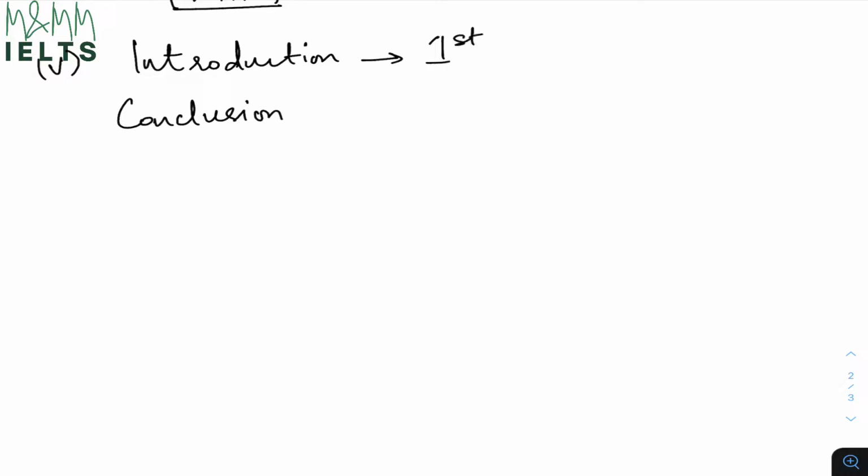Also, you have to make sure that your essay definitely has an introduction and conclusion. So one paragraph should be dedicated strictly to the introduction, which is the first paragraph, and the last paragraph should look like a conclusion.